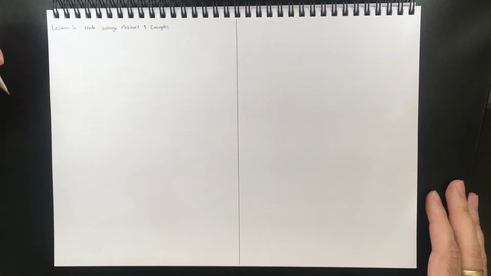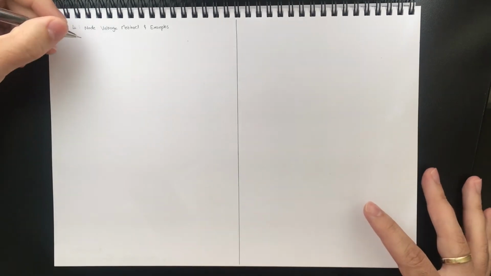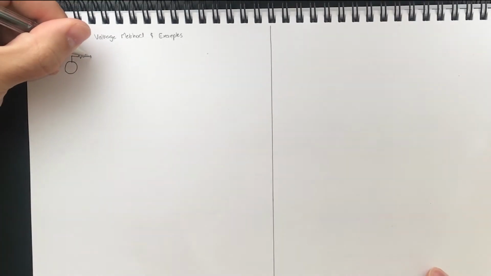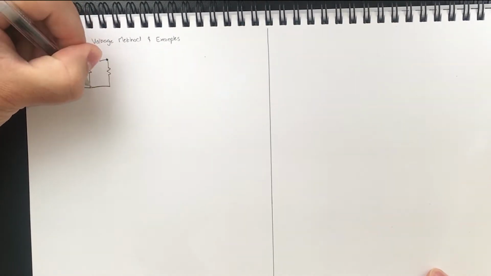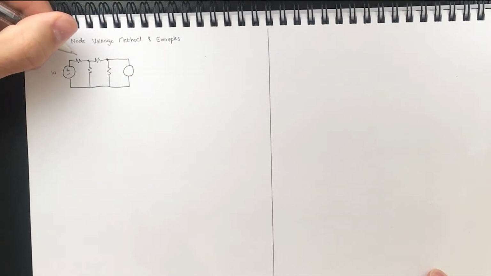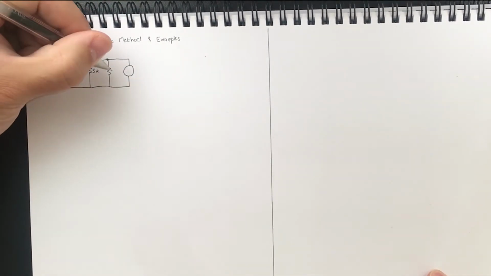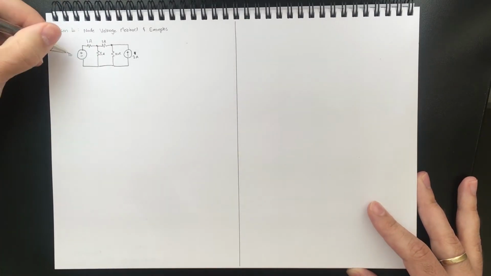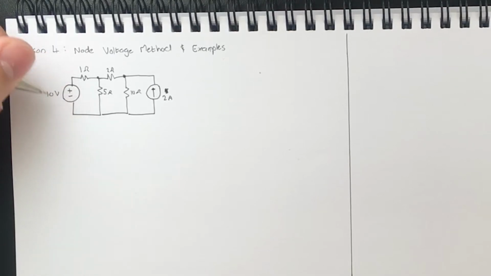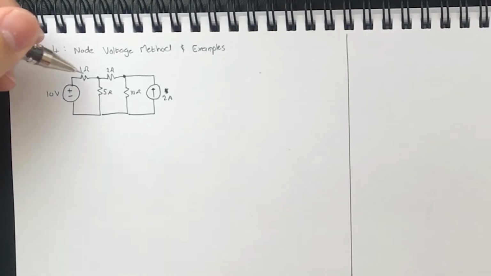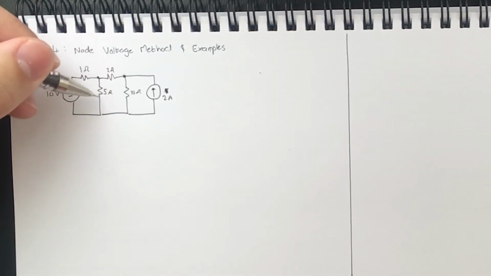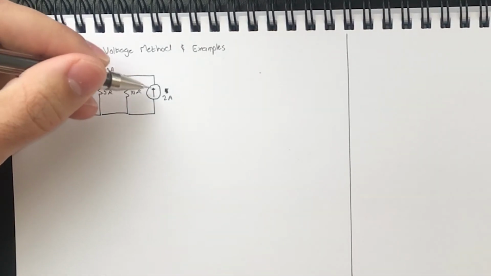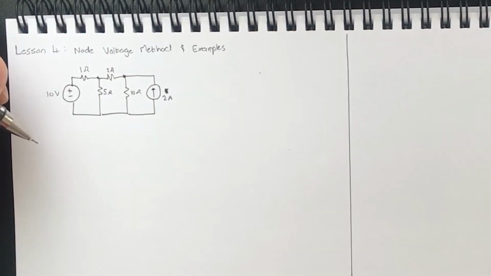Let us, as usual, begin with a circuit diagram. What we've defined here is a 10 volt voltage source, a 1 ohm resistor, a 2 ohm resistor, a 5 ohm resistor, a 10 ohm resistor, and a 2 amp current source.